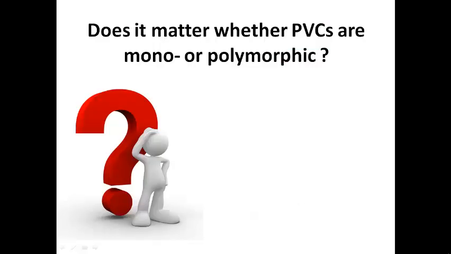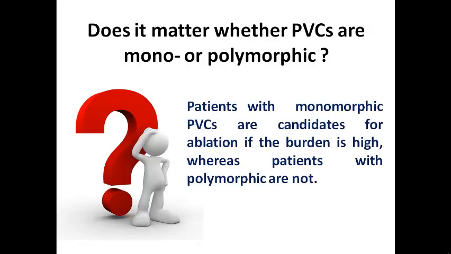So the question now: does it matter clinically whether PVCs are monomorphic or polymorphic? Or we can ask it another way: do I need to couple them in the ECG, whether PVCs are monomorphic or polymorphic? Of course it is important and clinically relevant, because patients with monomorphic PVCs are candidates for ablation if the burden of the PVCs is high, whereas patients with polymorphic PVCs are not.